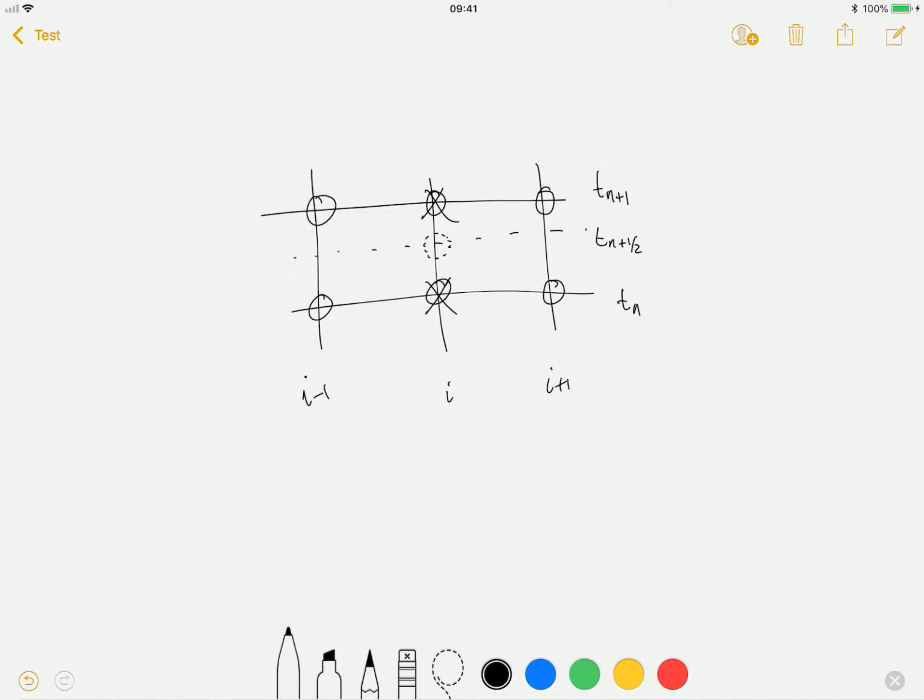Okay, so in essence, all of these points surrounding the midpoint are contributing to the solution, and that makes it second order accurate.